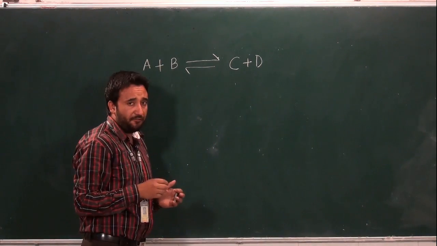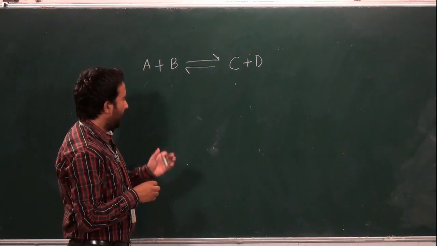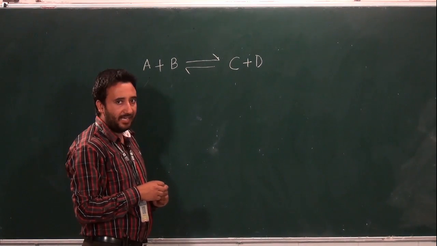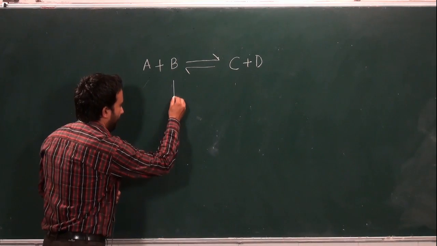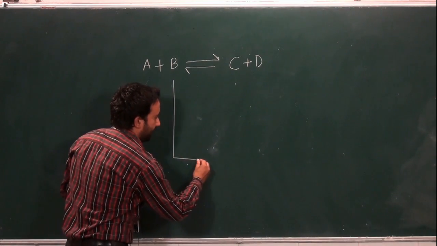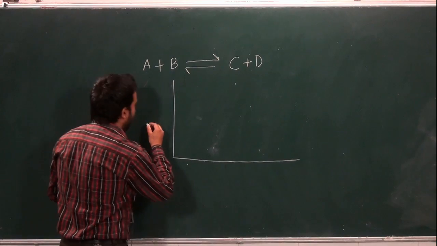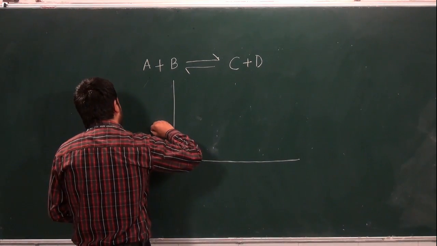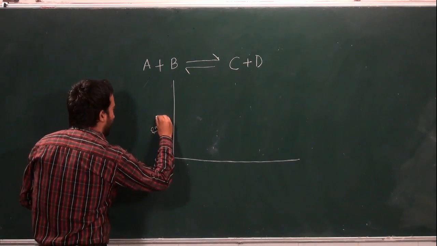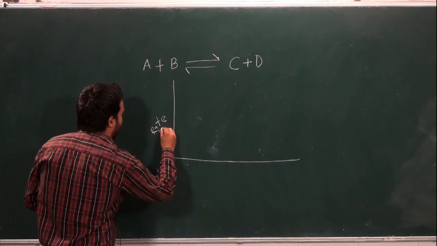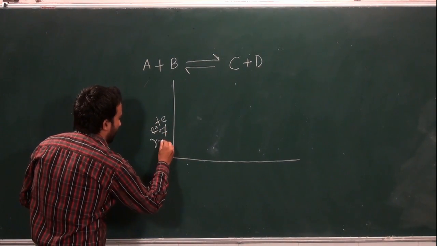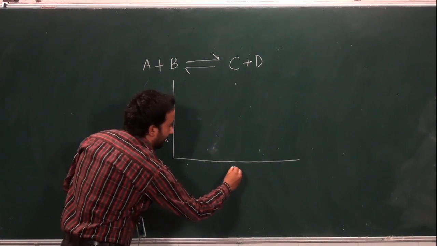If we plot a graph between the rate of the reaction and time, we will have it like this. This is the rate of the reaction, and this is time.